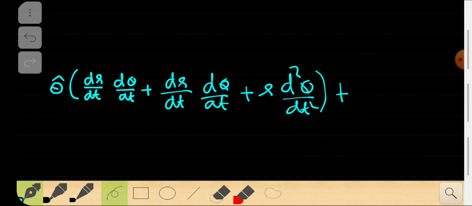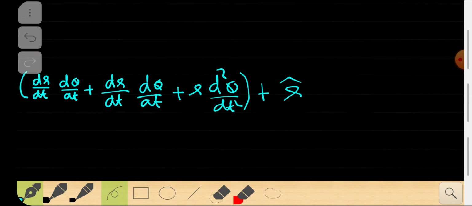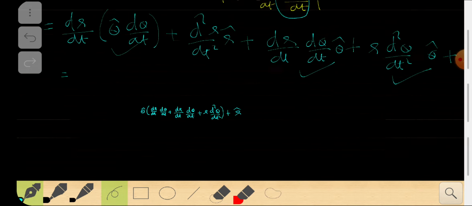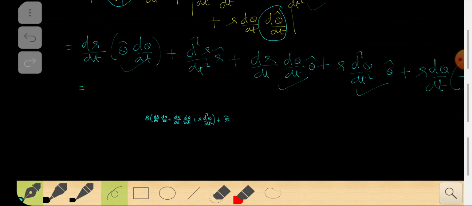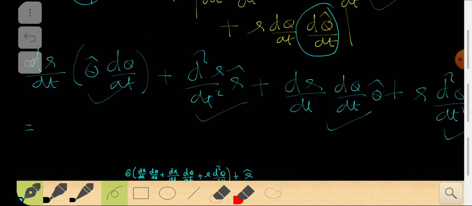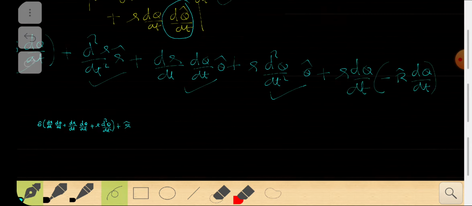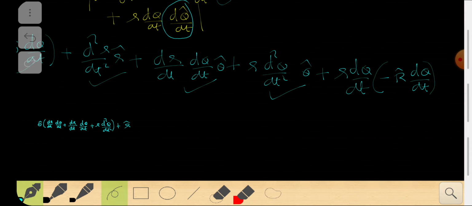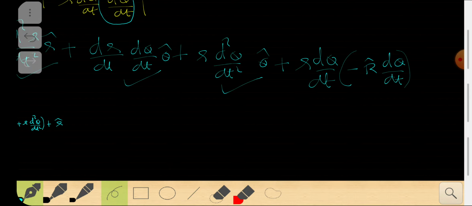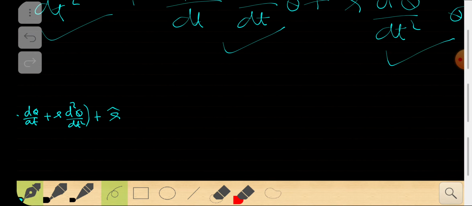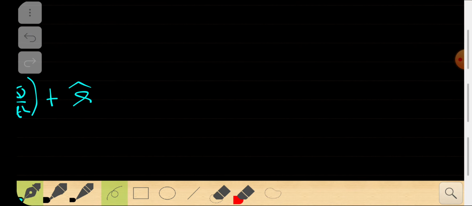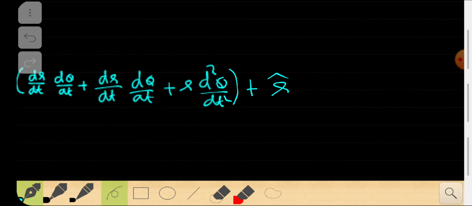Now in the r cap axis, I have d²r/dt², and then r times (dθ/dt) squared with a minus sign. I'm going to write that down here.